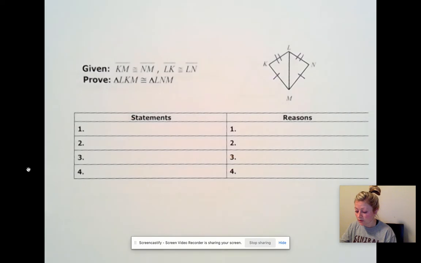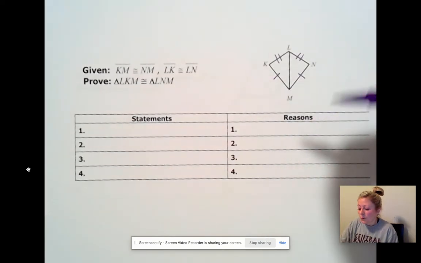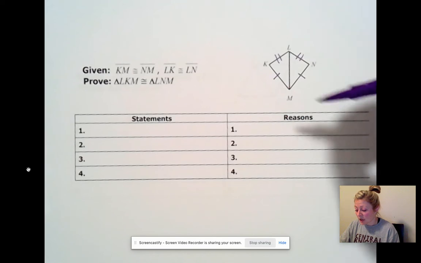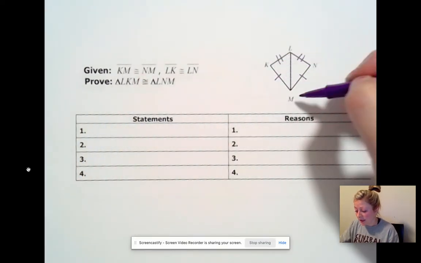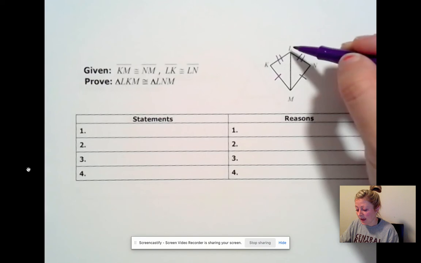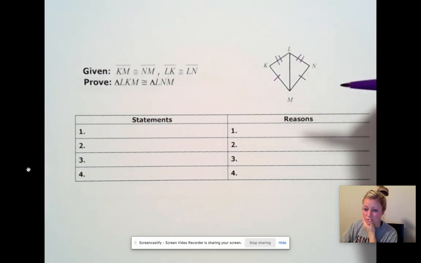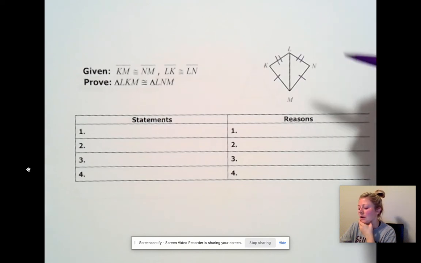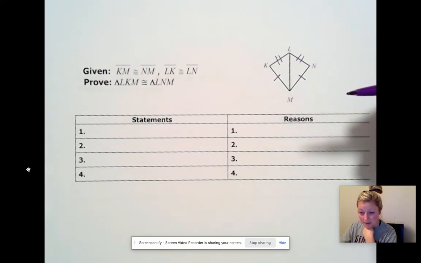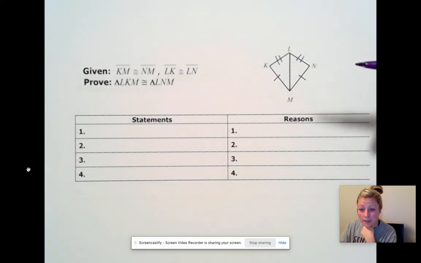Okay, so now we kind of have to think, what's our end goal here? Like, what are we trying to do? Well, we're trying to prove that triangle LKM is congruent to triangle LNM. So what we were just doing kind of, but now we're reasoning our way through to explain it to people. So what am I missing? Is this even possible? So again, we marked what we were given, but do we know anything else by just looking at this picture?